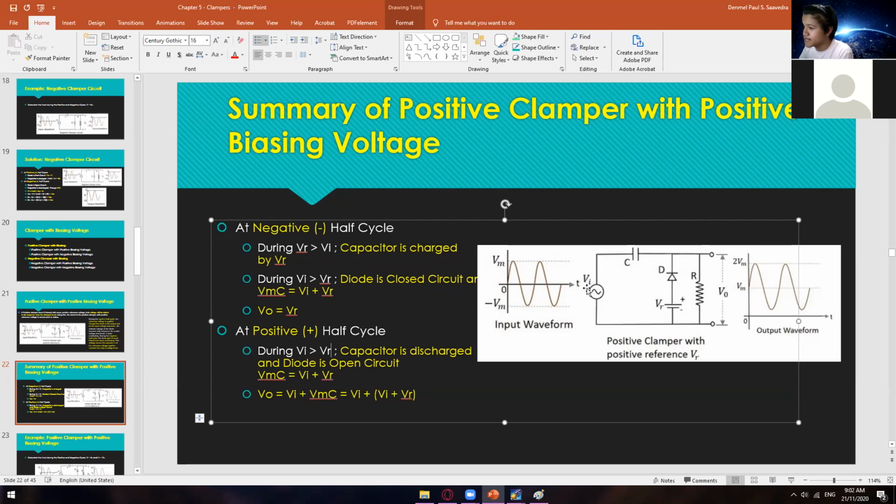If that's the case, that's the time we'll be having an open circuit here. If we have an open circuit, that's the time that our capacitor will discharge its voltage. So if we have positive here and negative here, we also have negative and then positive here. So minus V sub R. VMC is equal to V sub I plus V sub R.